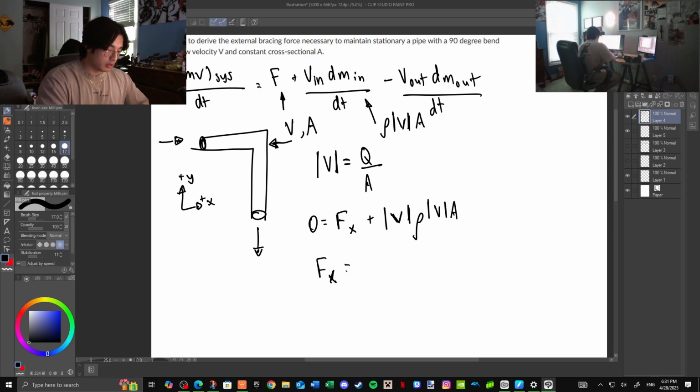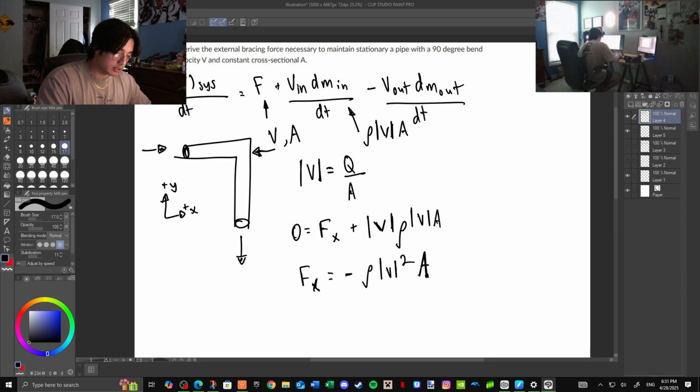So just simple rearrangement happens, sorry. And so what you get is negative rho times the absolute velocity squared times the cross-sectional area. And this is the bracing force in the x direction. As you can see, it's in the negative direction because the fluid is pushing in the positive direction.